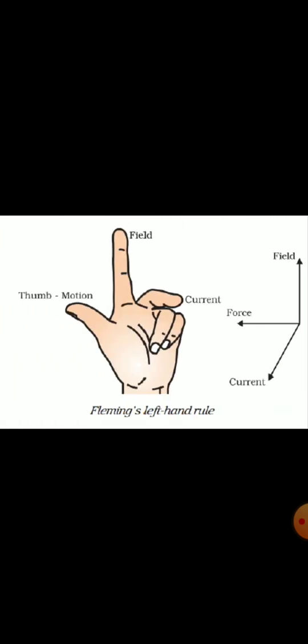What is this rule? According to Fleming's left hand rule, stretch the thumb, forefinger, and middle finger of your left hand. How? You can stretch the thumb, forefinger, and middle finger of the left hand in such a way that they are mutually perpendicular to each other.